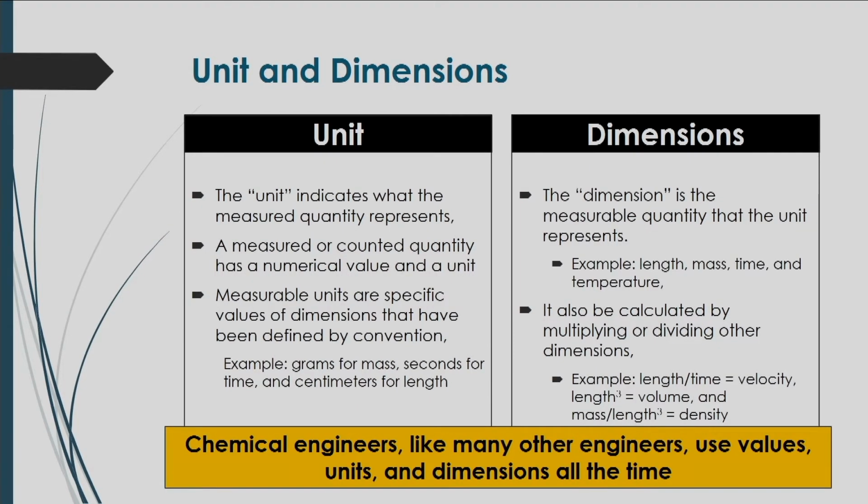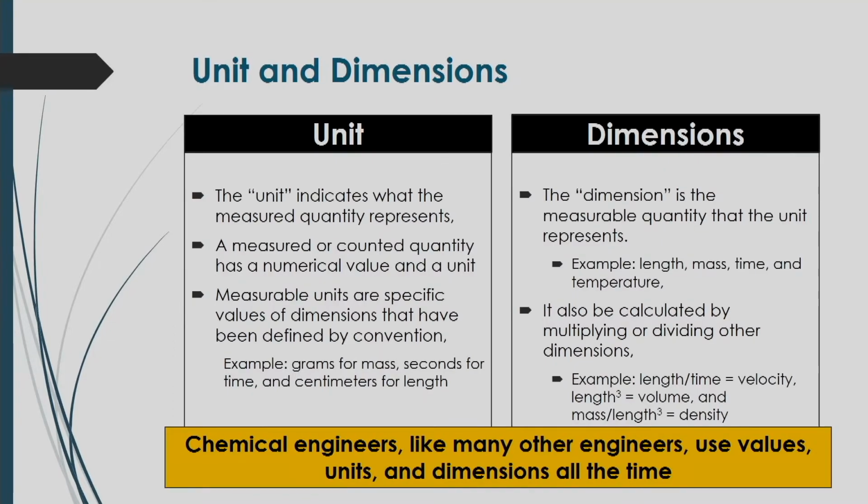And you will see that dimension is also one of the important measurable quantities that the unit represents. For example, length, mass, time and temperature are all represented as dimensions. Dimensions can also be calculated by multiplying or dividing other dimensions. So, whenever you represent any unit by dimensions, it may be a multiple of 2 dimensions, a division of 2 dimensions, or a combination of dimensions.